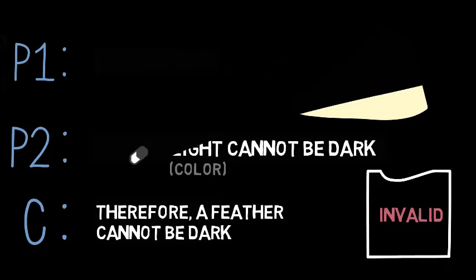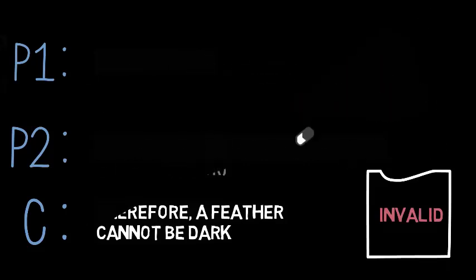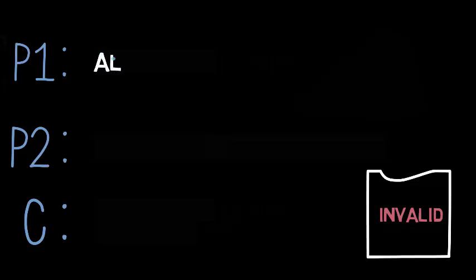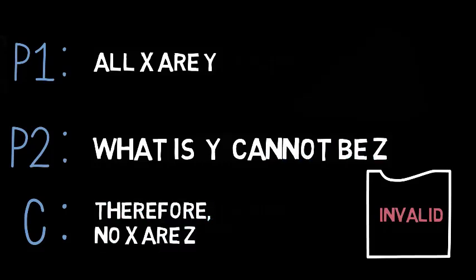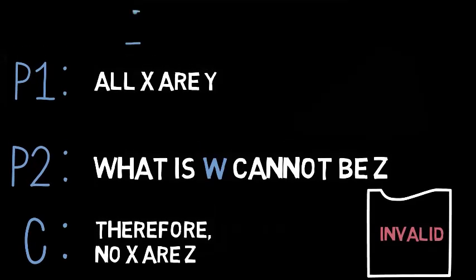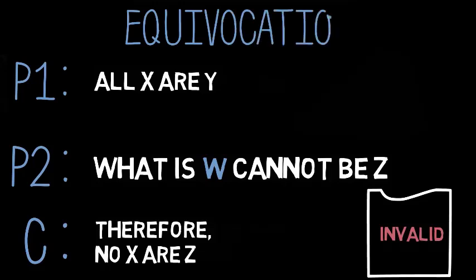Initially, without considering the meaning of the content, it looks like the form of the argument is something like, all X are Y. What is Y cannot be Z. Therefore, no X are Z. But actually, given the shifting meaning of light, the form is more like, all X are Y. What is W cannot be Z. Therefore, no X are Z. This fallacy is called equivocation.